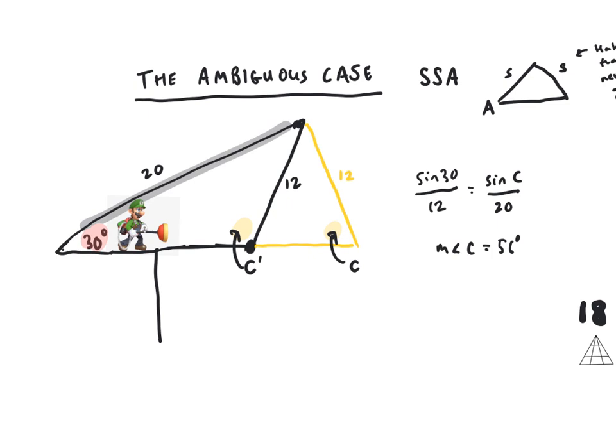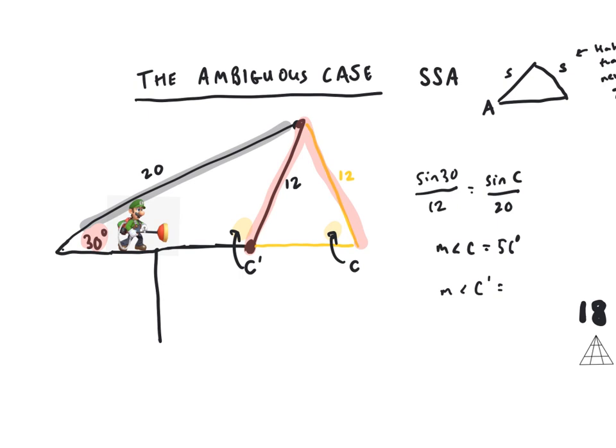However, in finding that acute angle for the measure of angle C, you also have enough information to work out the measure of angle C prime, the obtuse angle. And that's because you might notice, if you look a little closer here, that what I've formed between the two possibilities for the chandelier is an isosceles triangle.